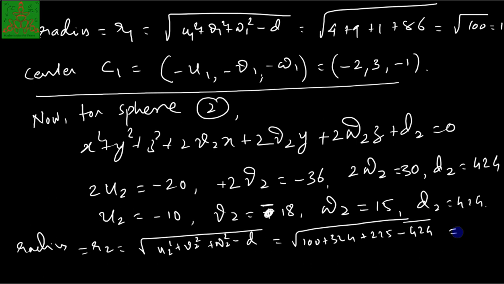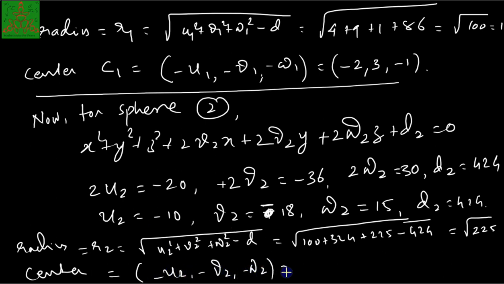You can simplify this, that gives you 225, and the square root of 225 is 15, so that's why R2 is 15. The center will be minus u2, minus v2, minus w2, so that is 10, 18 and minus 15.